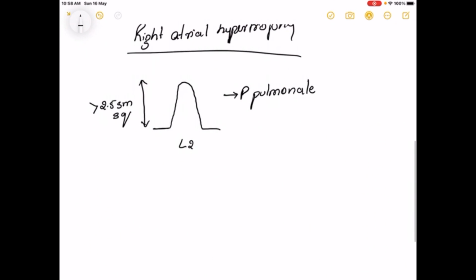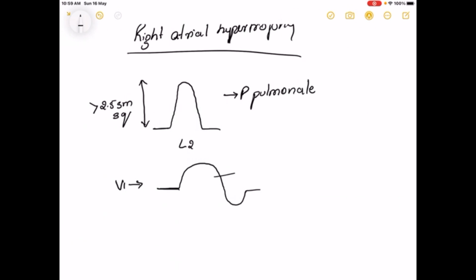In chest lead V1, as I told, the initial upward positive wave is due to the right atrium. So this change is reflected in the upward wave, where the upward wave becomes prominent and enlarged, followed by a small normal downward deflection.